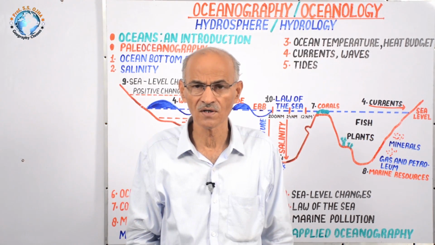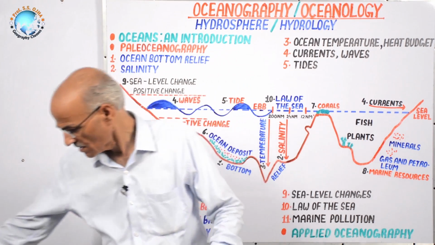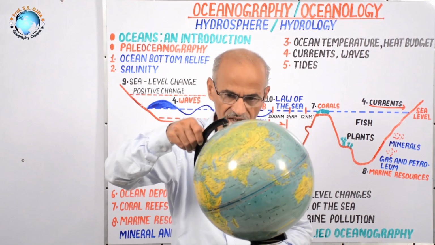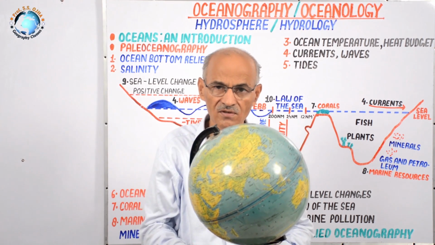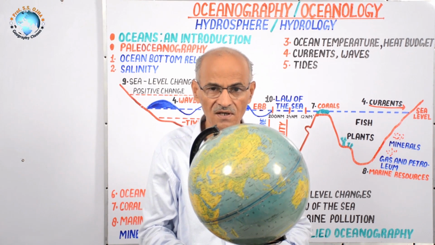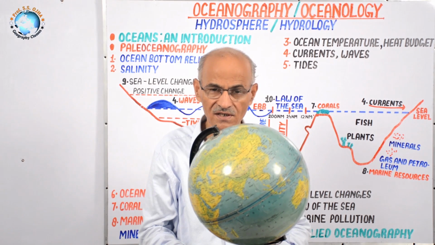Oceanography is a very important topic of geography. Why? Because of the Earth's crust, 71% of the area is covered with oceans, while only 29% is land, and the population of the world is increasing.